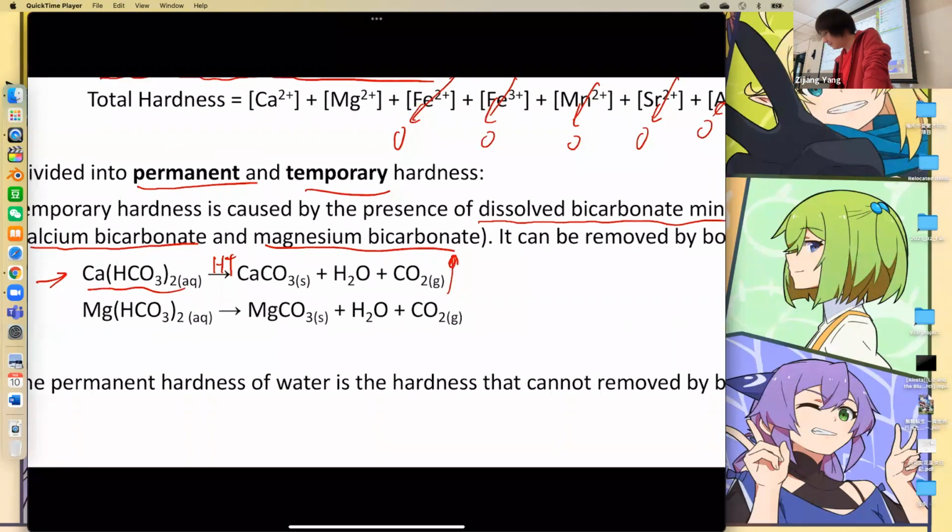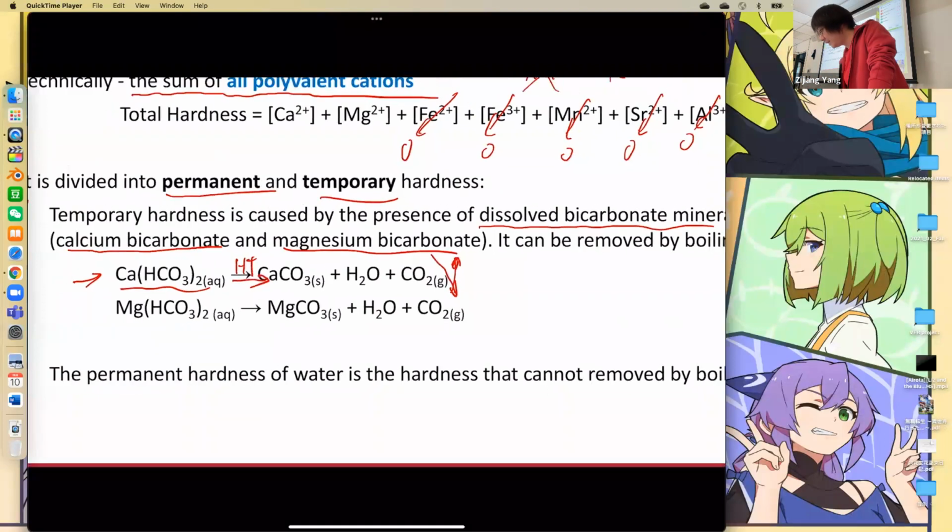When it escapes, the concentration of CO2 in the system will decrease, which helps make this reaction go forward. So under hot conditions, this direction is very favorable. And similarly, we have magnesium bicarbonate, and it undergoes the same process.